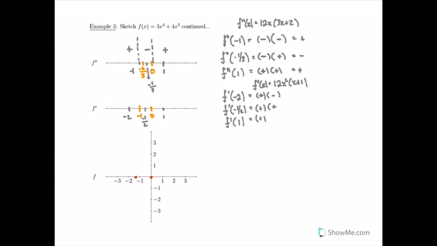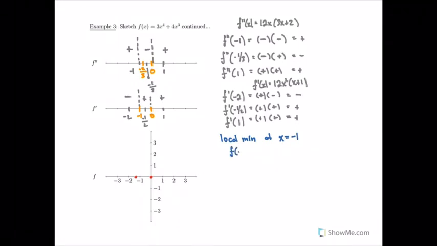And for the second coordinate, it's going to be negative, positive, and positive. So this is going to be a negative number, positive number, positive number. So this means that we have a local min at x equals -1.